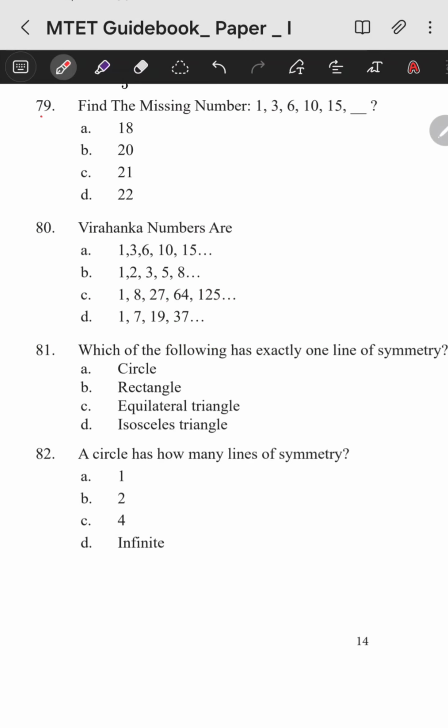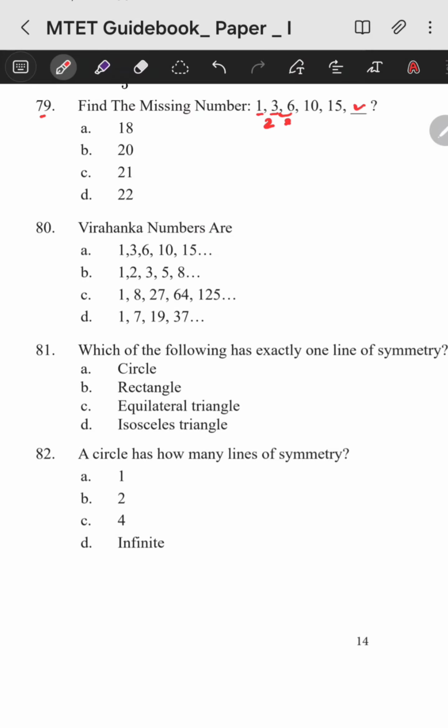Next question number 79, they ask here, find the missing number. The numbers given here are 1, 3, 6, 10, 15. They ask you to find out what the next number will be. If you observe here, 1 becomes 3. That means how much increase? 2 increases. 3 becomes 6.